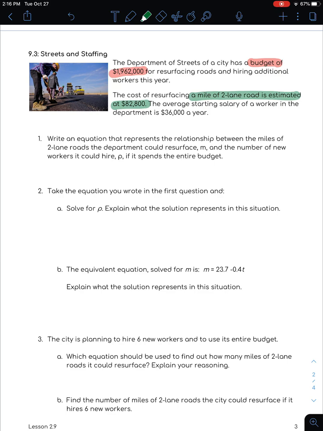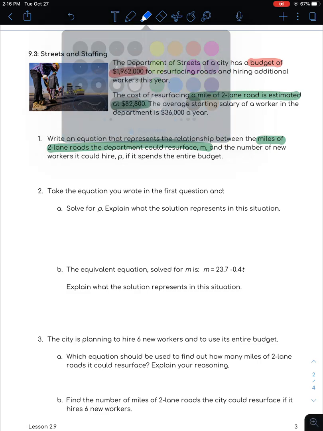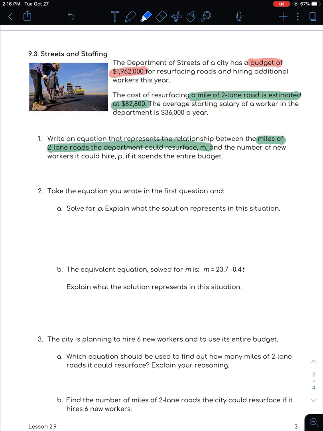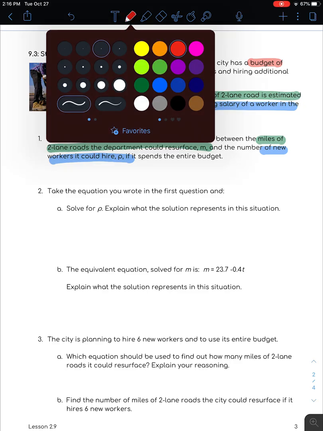Notice down below that the miles of two-lane roads is one of our variables. That's M. The other piece of information is that the average starting salary of a worker is $36,000 a year. And notice down below, that's another variable: the number of new workers it could hire, P. So the number of new workers is the variable P.